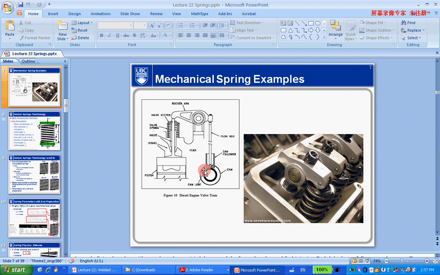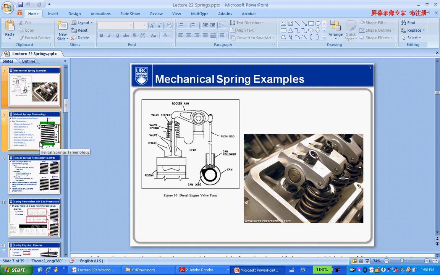When the crankshaft rotates, the cam will push the push rod, and then the rocker arm will push down this valve, and then it opens. When it's closing, the spring will release the energy and close this valve here, right?